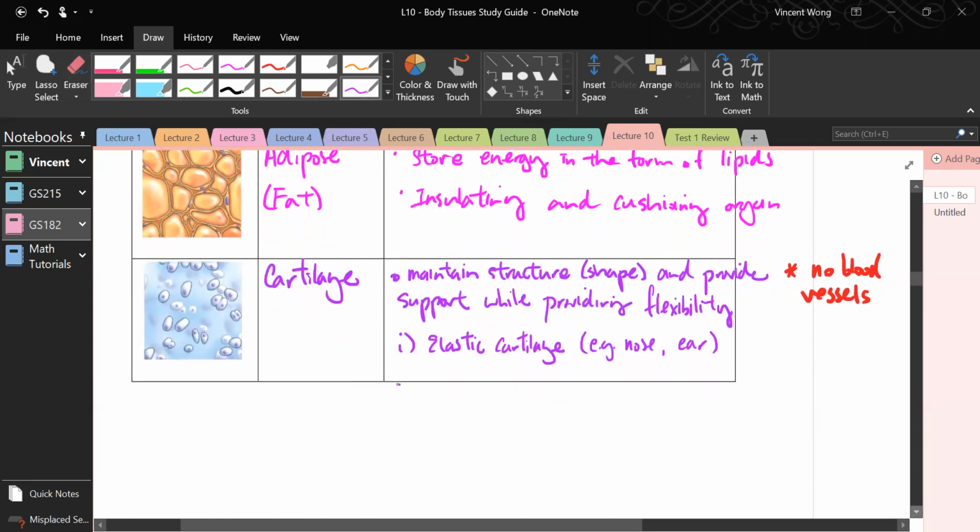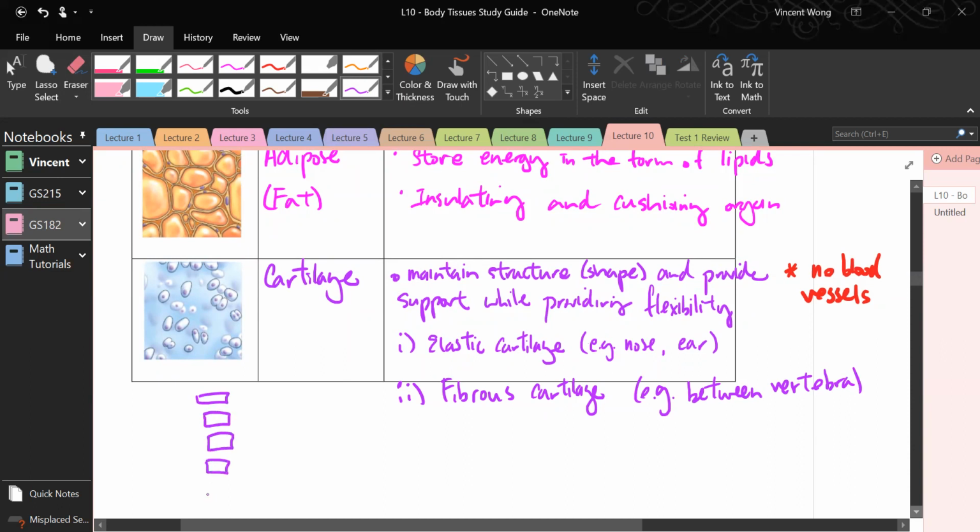Number two, we have the fibrous cartilage. As the name suggests, these are tougher. You will find them between vertebrae. Vertebra, it's like your backbone. Your backbone has all these, you learn them next semester, but they're stacked, right?